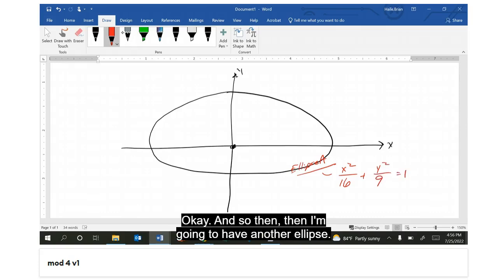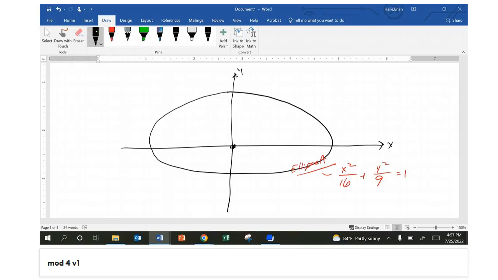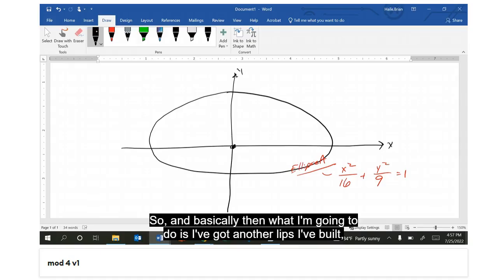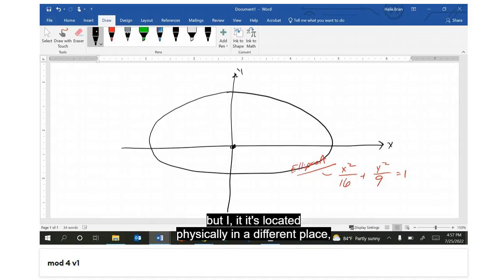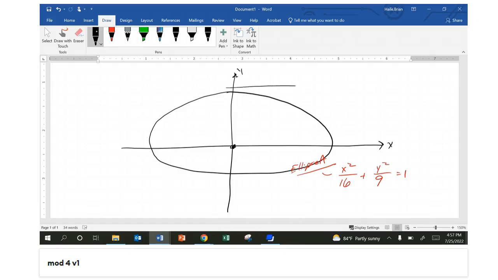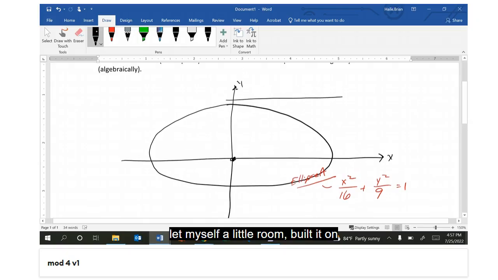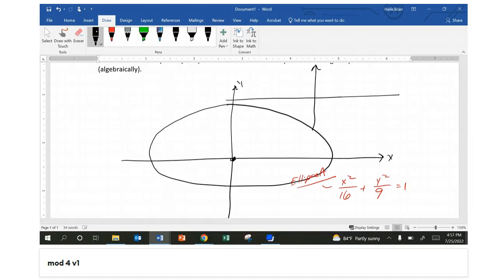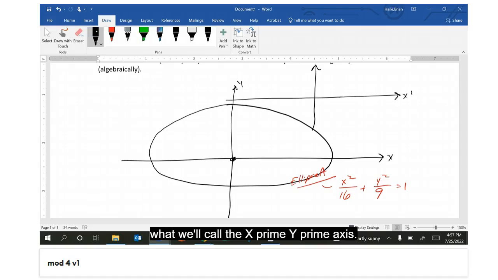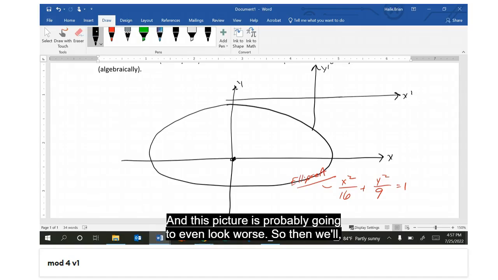Okay? And then I'm going to have another ellipse. It's an ellipse I've built, but it's located physically in a different place. To come up with it, I built it on what we'll call the X prime, Y prime axis. This picture is probably going to look even worse.